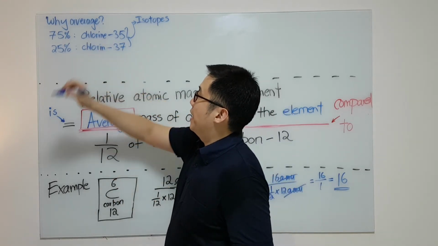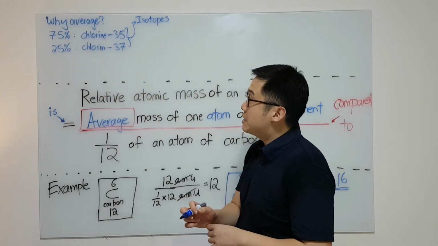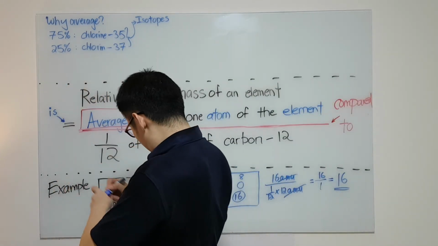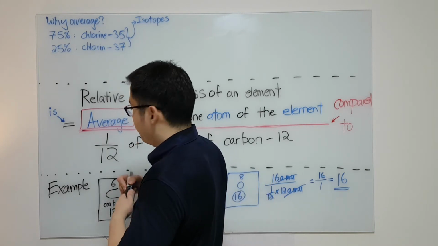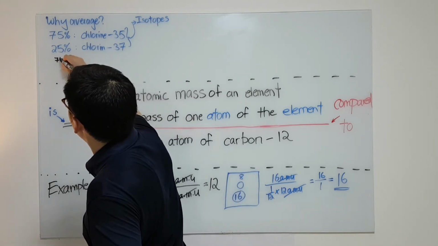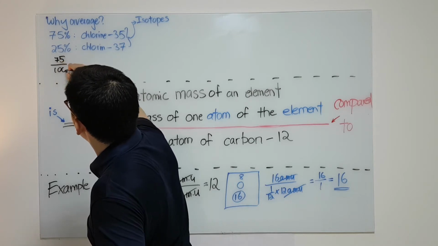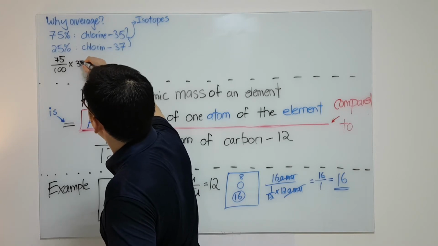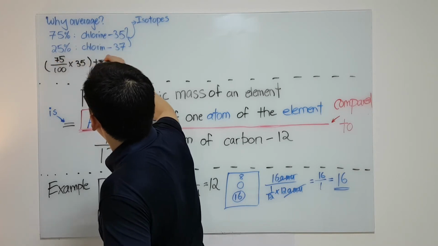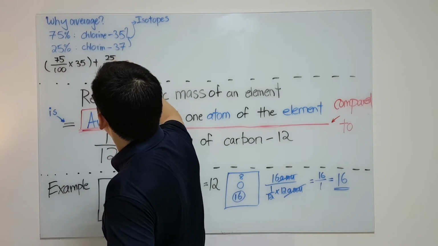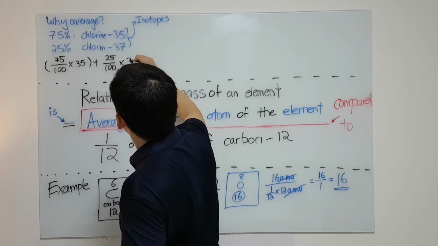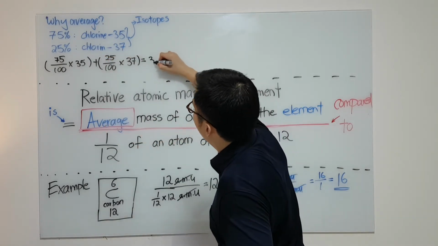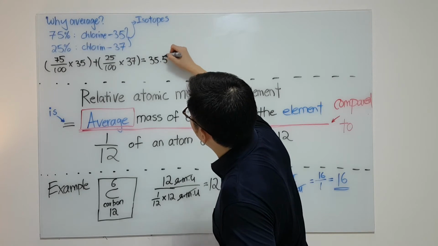Now, in order to find the relative atomic mass, in this case to find an average mass, we need to do this calculation, which is 75 over 100 times 35, and then add 25 over 100 times 37, and that will give you 35.5.